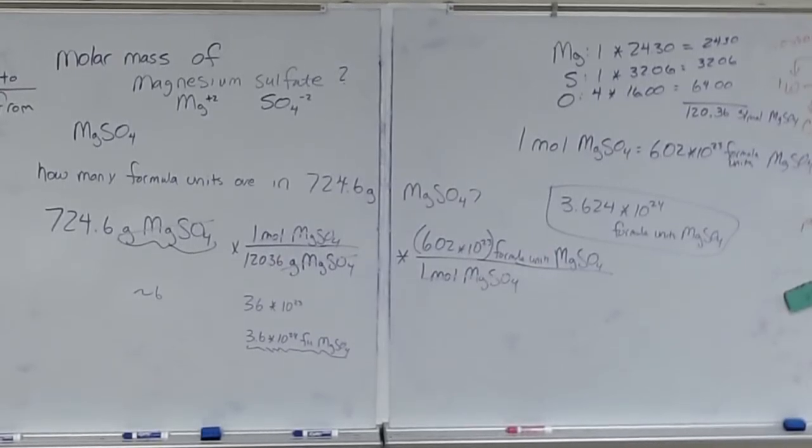And then the mole here and the mole there, that'll cancel. These are not molecules. It's an ionic compound, so it's formula units. Just be very careful like that, okay? And so write the units as you go, and you'll keep up. So we're canceling moles and moles of MgSO4, moles of MgSO4. Okay, good. Let's see what you got.